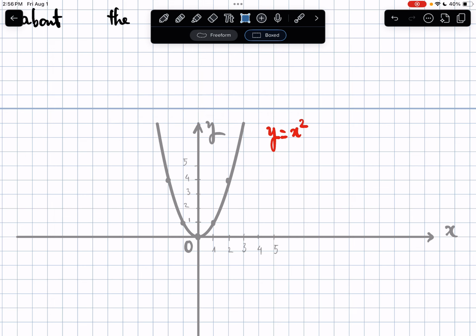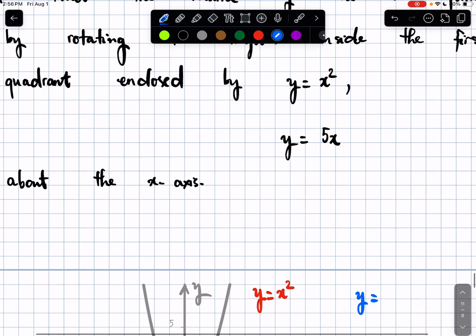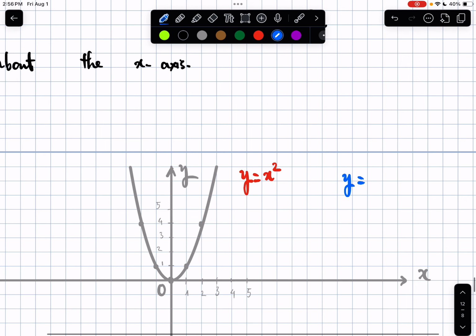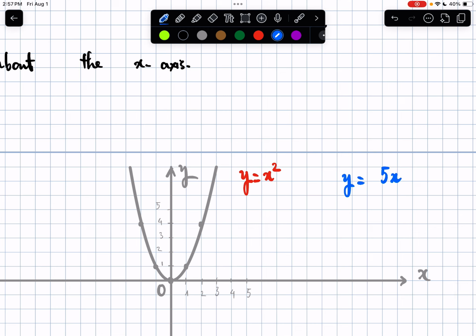So y equals x squared, and the second one is y equals 5 times x. This is a line. When x equals 0, y equals 0, so it goes through this point. When x equals 1, y equals 5, so it goes through this point.